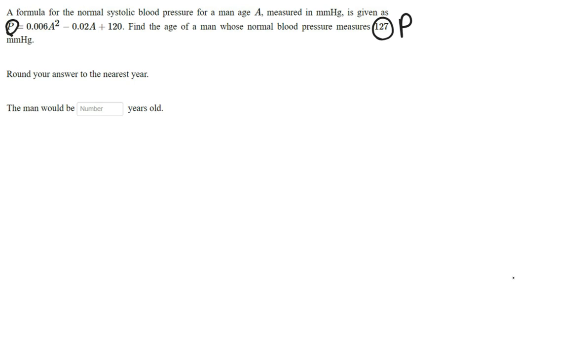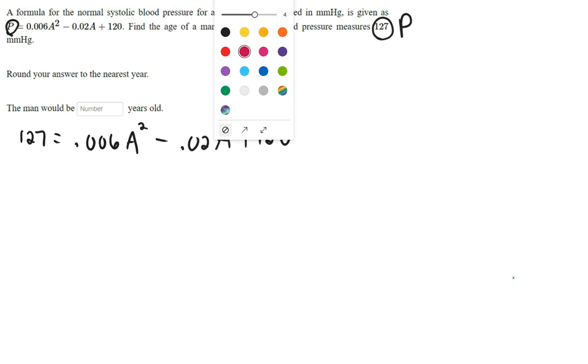So my equation is going to become 127 equals 0.006a squared minus 0.02a plus 120. And since you're solving for a and it's an a squared, that's a quadratic equation. So the first step for quadratics is you're going to have to set it equal to 0.